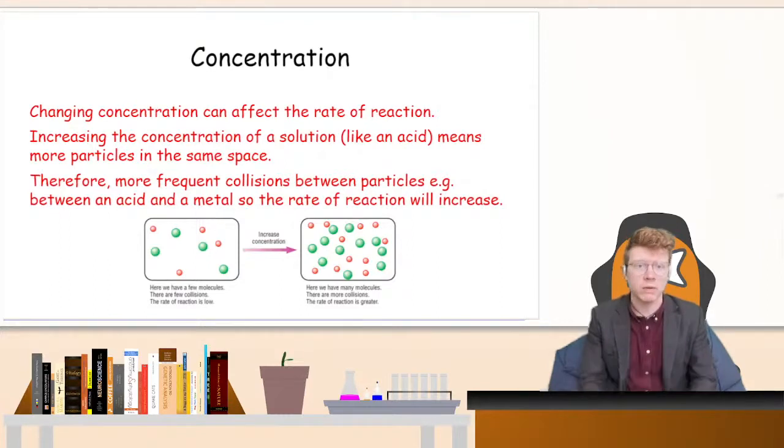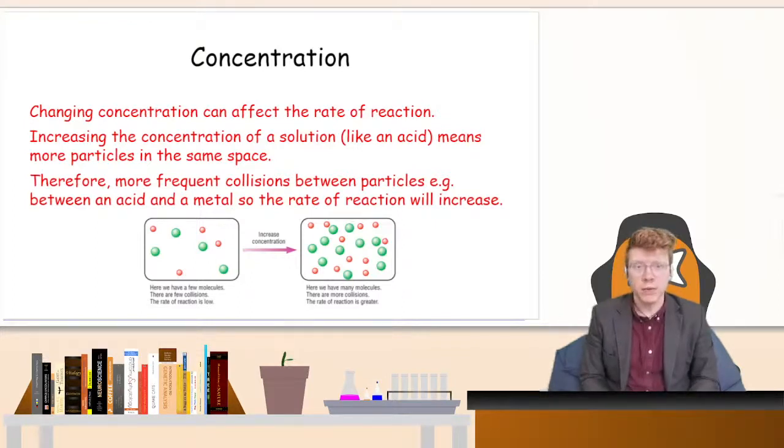So if you have more particles in the same space, there's a greater chance that they'll collide and therefore have a successful reaction. So when we increase the concentration of an acid, for example, we put more particles in the same space. A good example of this would be hydrochloric acid.